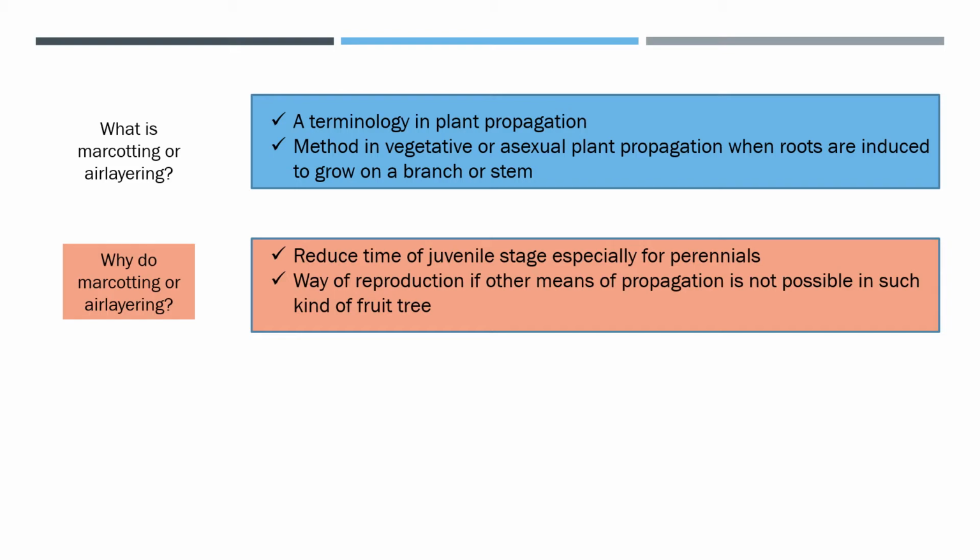When it grows and bears fruits, it can be observed that the fruits exhibit some undesirable characteristics, like a little bit sour or bitter, or the fruits are small or fibrous, or not sweet enough, etc. To remedy these undesirable characteristics, you may need to clone by marcotting or air layering.